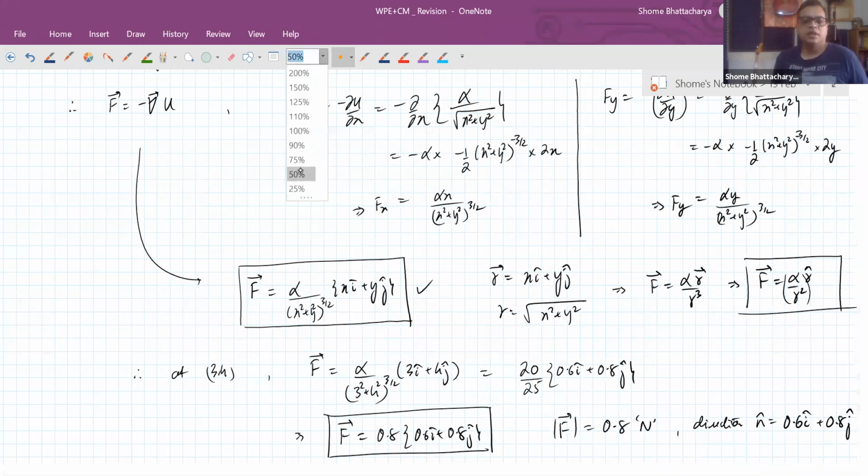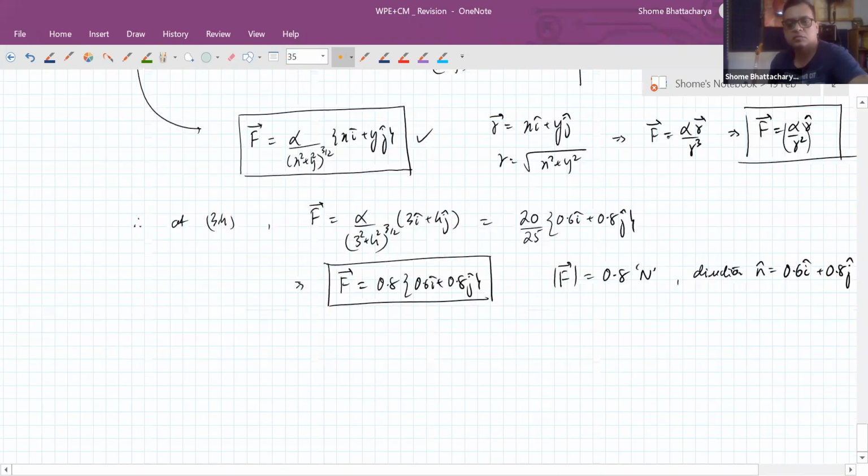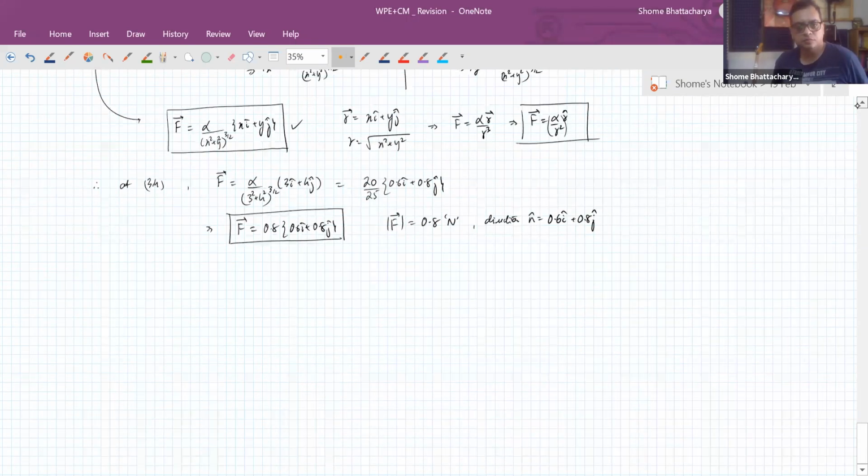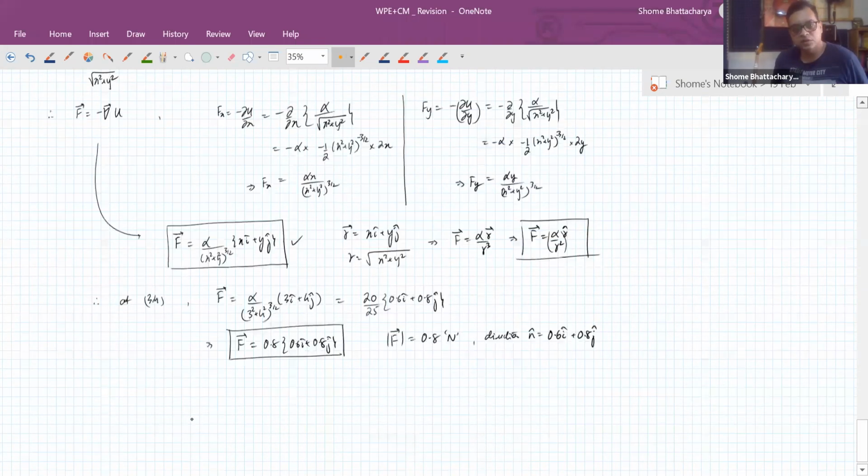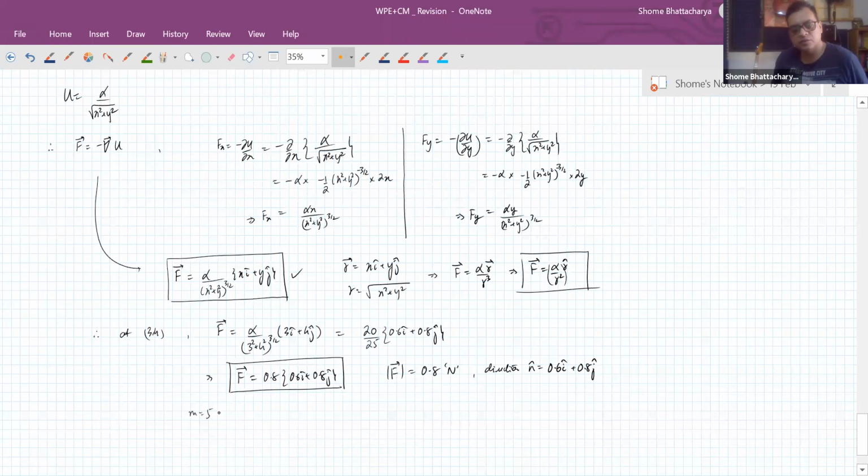So that being said, now we can calculate the acceleration of the particle by just dividing by the mass. Since the mass of the particle is given to us as 5 kilograms, the acceleration is going to be this force divided by mass, in meters per second square as a vector.